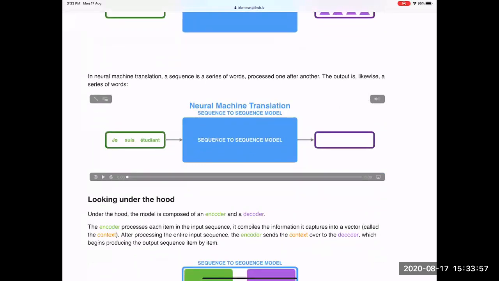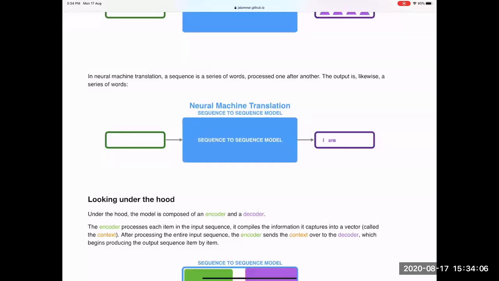Now let us see this in the case of natural language processing, or sequence to sequence modeling, when we are training a language to language model. This model is saying that first I will see something written in French, something which is written on the left side. Then this moves into the sequence to sequence model, and then you can see that it's written "I am a student."